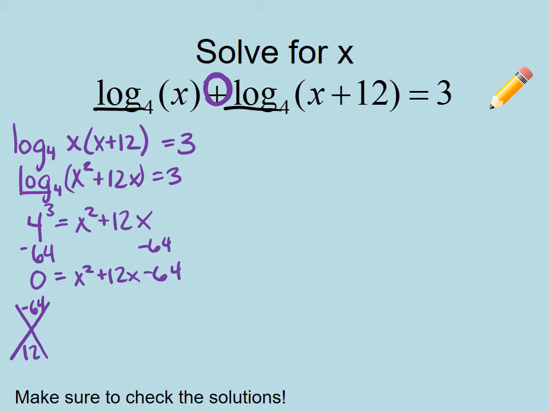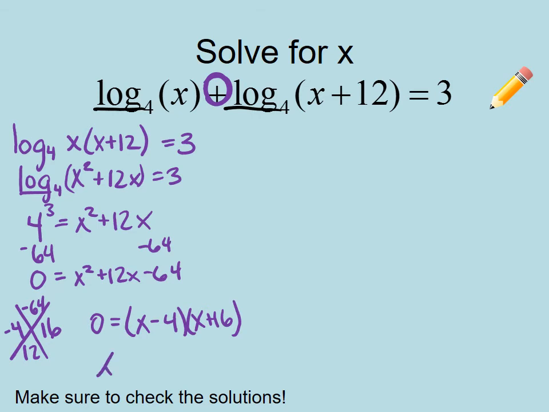Take a moment to pause the video and practice this factoring process. My factors for negative 64 are going to be negative 4 and 16. Remember to do the grouping steps, but if I break it down all the way, I end up with a value of x minus 4 and x plus 16.